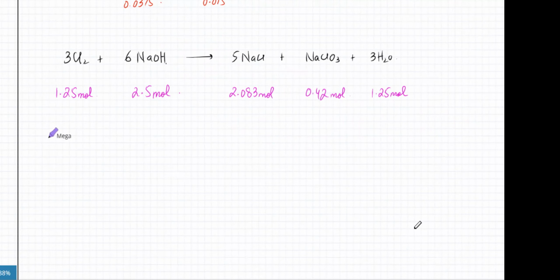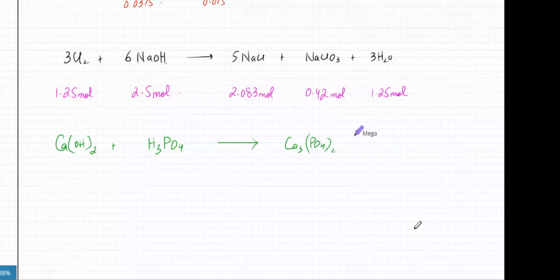Let's say we have an equation where there's calcium hydroxide reacting with phosphoric acid, and they're producing calcium phosphate plus H2O.